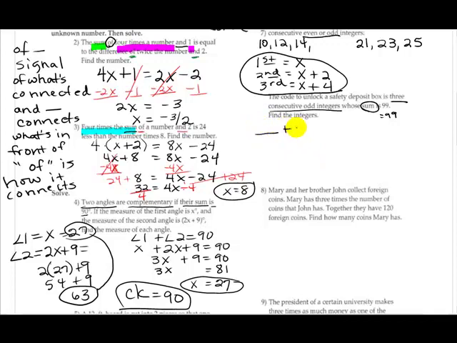We've got the first plus the second plus the third is going to equal 99. X plus x plus 2, plus x plus 4. Combine the like terms: 1, 2, 3x, 2 plus 4.